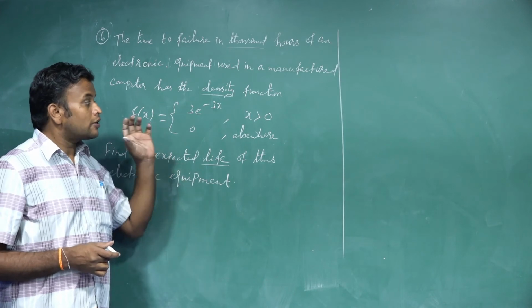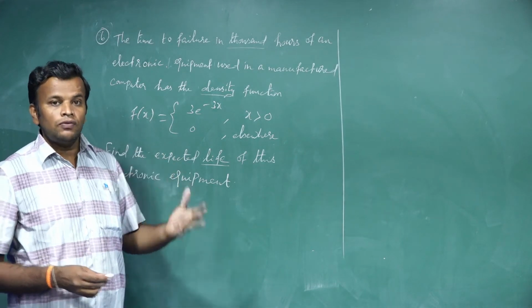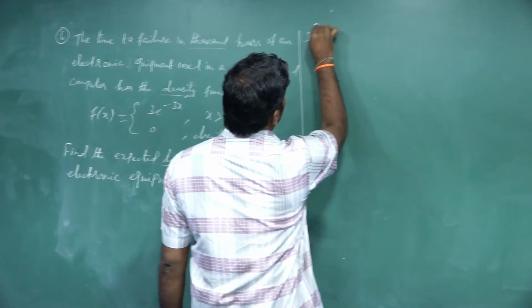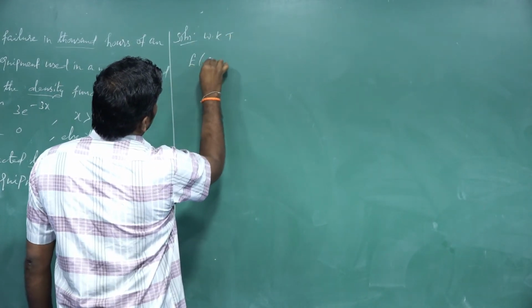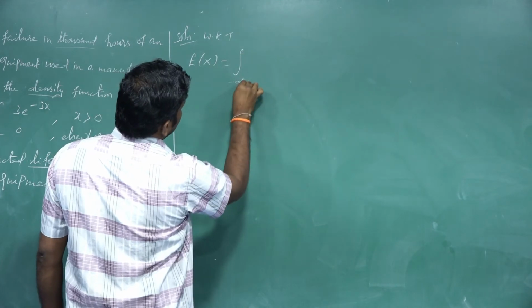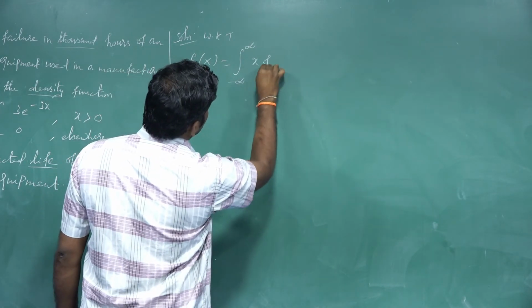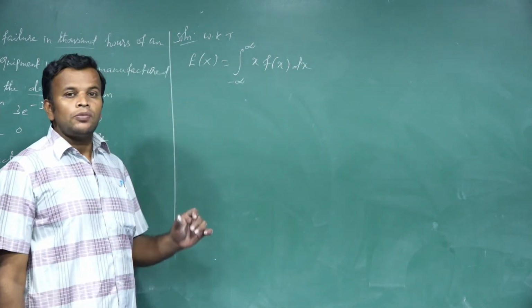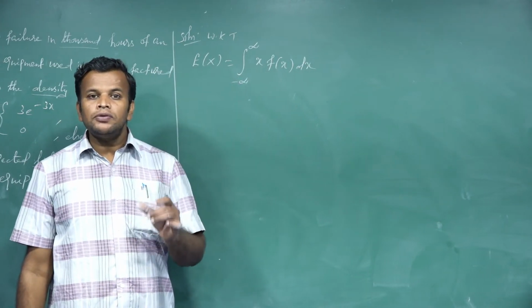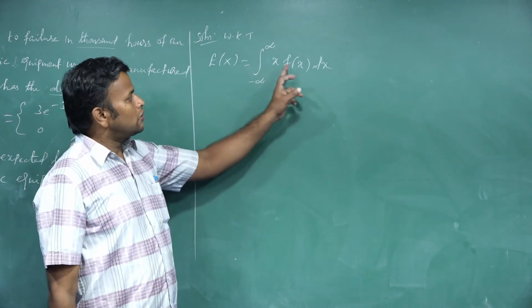Therefore, using the concept of the continuous random variable, first we write this formula: E of x equals minus infinity to plus infinity x into f of x dx. Why do I use this formula here? X follows the continuous random variable, so x into f of x dx.